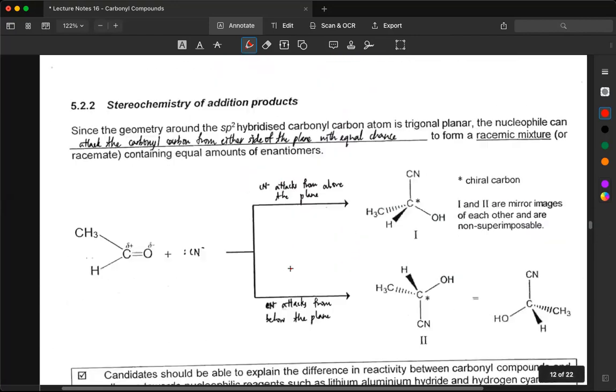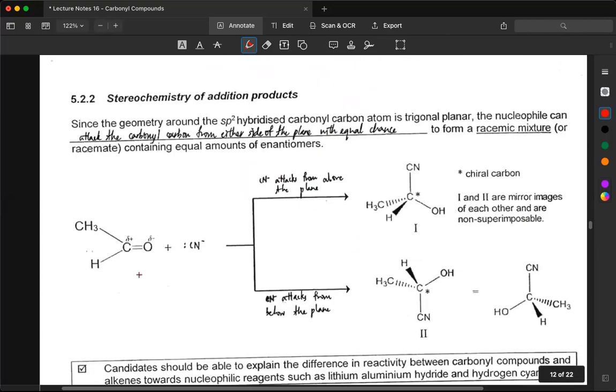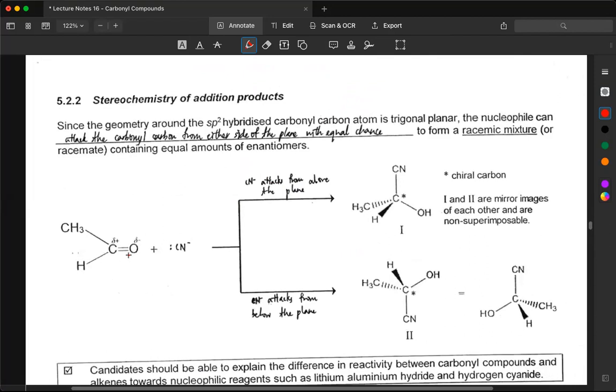Since the geometry around the sp2 hybridized carbonyl carbon is trigonal planar, the nucleophile can actually attack the carbonyl carbon from either side of the plane with equal chance, to form a racemic mixture containing equal amounts of enantiomers. So the CN minus, if attacked from above the plane, it will be this way.